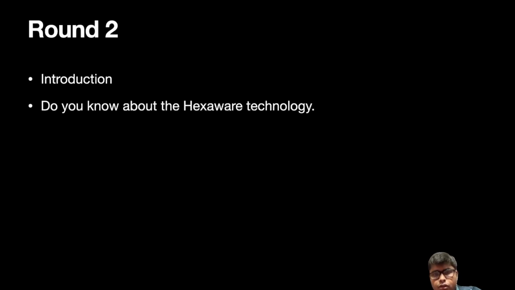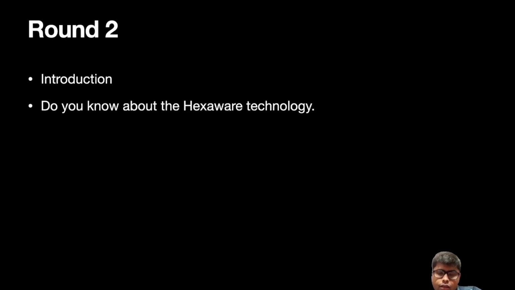This is the biggest mistake I made. I did not read anything about what Hexaware Technology is and what they do. You might think it's my mistake only, that I didn't read anything about the company. So I directly told him I don't know much about it. This is the first point where I got stuck.